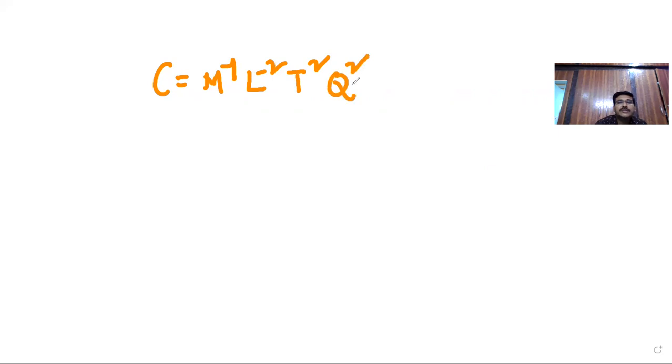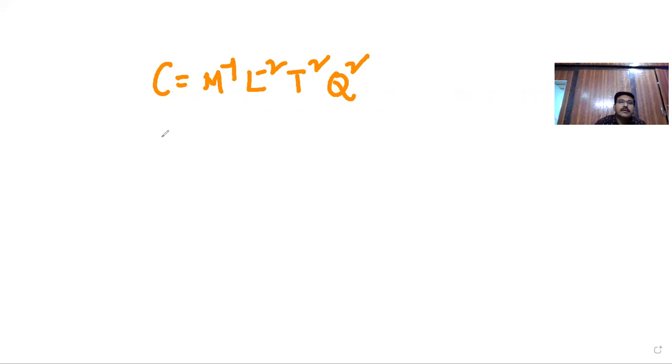Q stands for the charge, coulomb. You can also express this as current into time, ampere into time, but directly here it is coulomb.